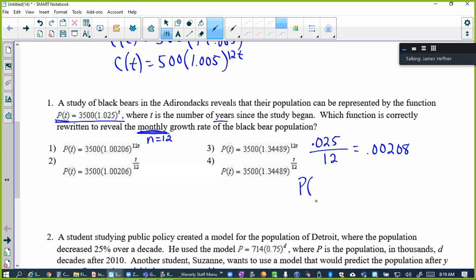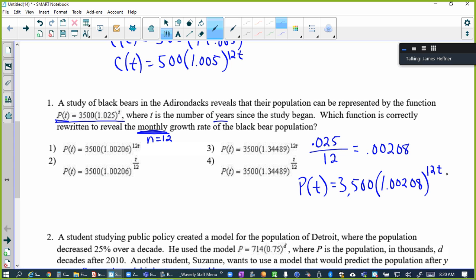So P of t would have to be our starting number of bears times 1 plus this amount, 1.00208 to what power? To the power of 12t. There might be a typo here.